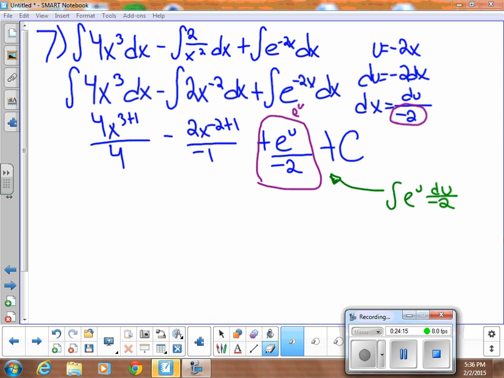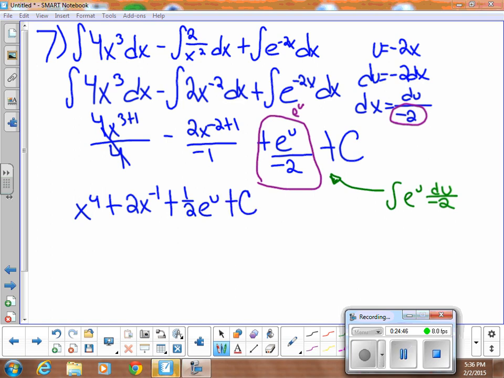So now let's clean it all up and write out our full answer. 4 over 4 reduces, so I'm just left with x to the 4th. Negative divided by negative turns to positive, so I'm left with 2x to the negative 1st, plus c.